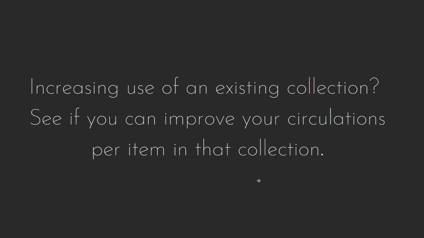So again, there's kind of 2 different ways you can do this. If you want to increase your use of a particular collection, see if you can increase your circulations per item there. So you would use both of those reports, that count report we did and the circulation report. And you would divide circulations by the number of items.